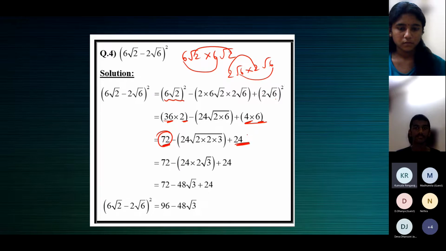So these two numbers we understood how we got them.